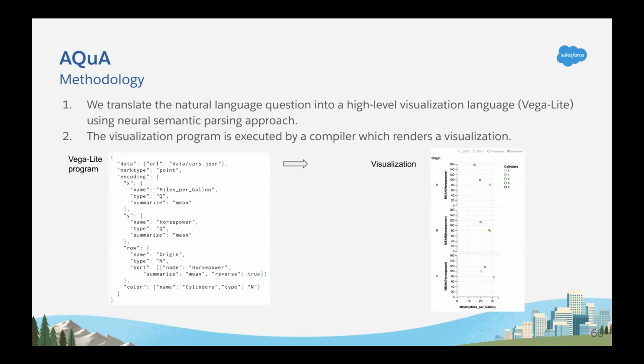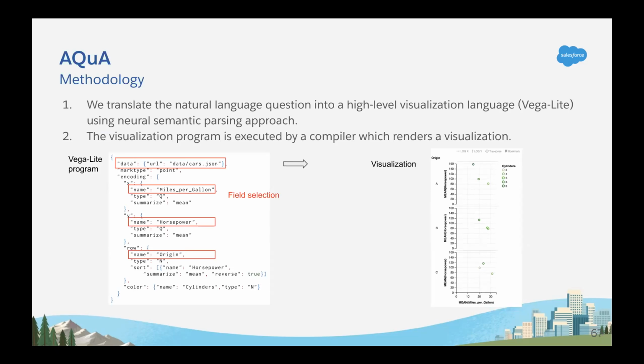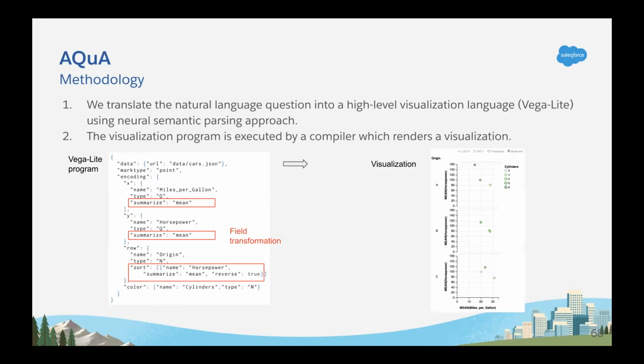The whole task consists of three subtasks. First, field selection. Second, field transformation. These two are very similar to text-to-SQL, but here the target is Vega-Lite.